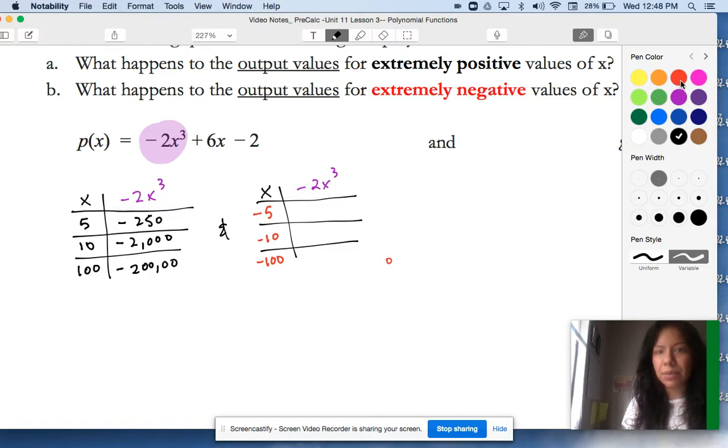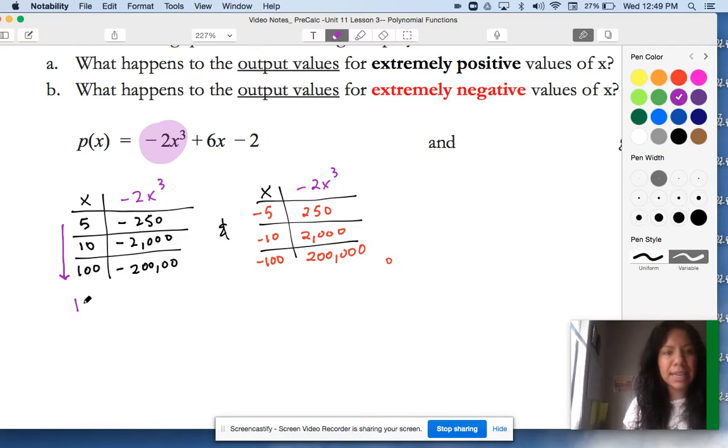When we substitute in the negative values, we're actually going to get the same values, just with opposite signs. That doesn't always happen, but it just happens for this problem. The whole point of identifying this is that we can see as we get extremely positive, these become more negative. So what happens to the output values for extremely positive values of x?